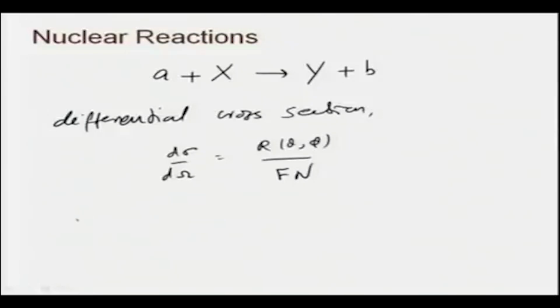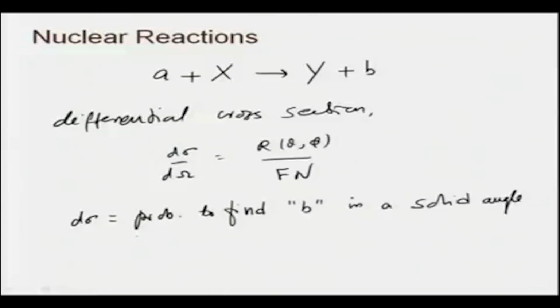So, d sigma is actually the probability to find B in a solid angle d omega around the theta phi direction. This is the physical interpretation of the differential cross section.